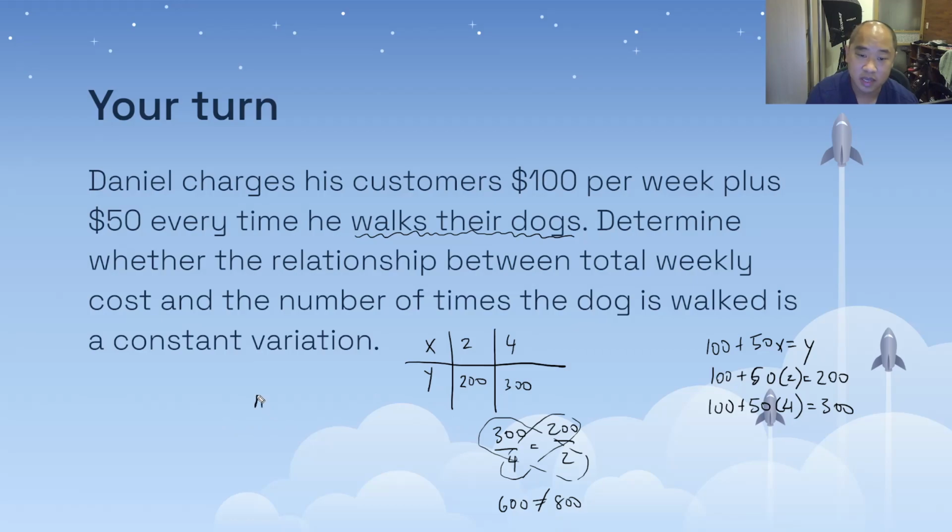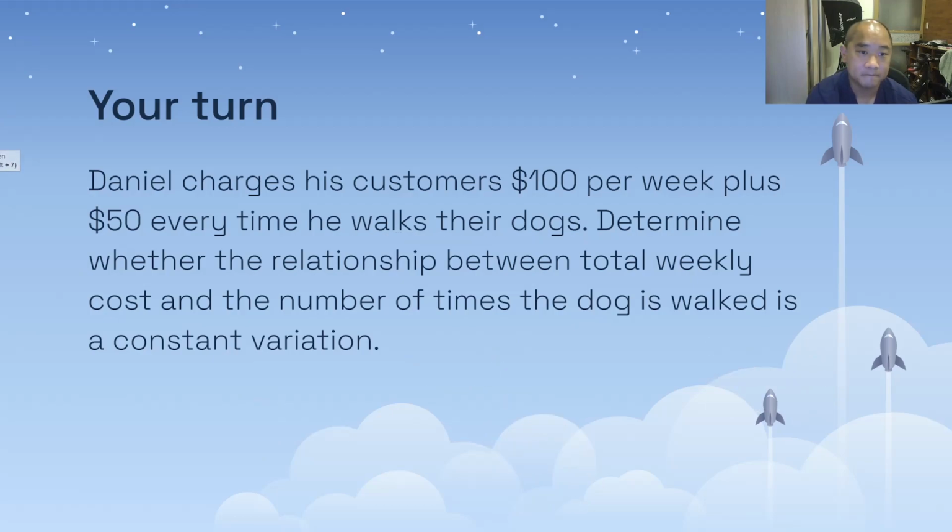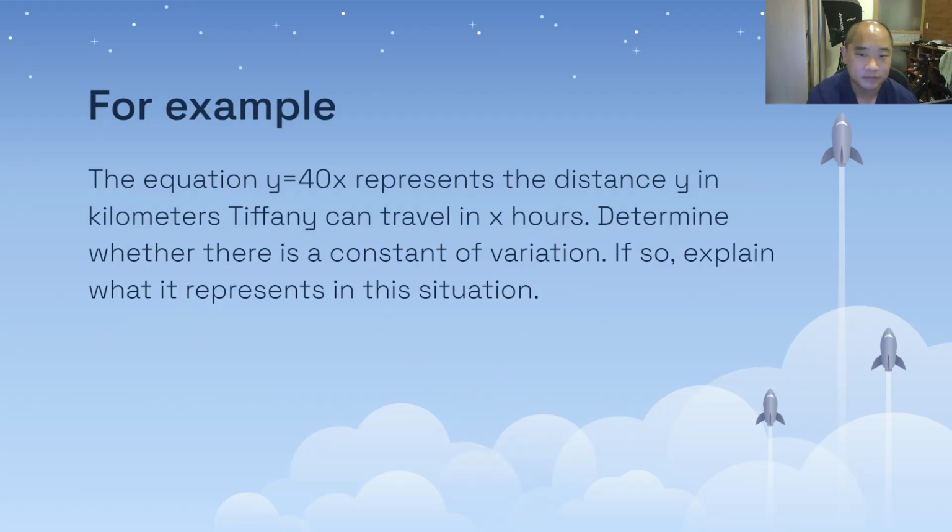So this is not a constant variation. Okay? Okay. Here's another example. Let's say that the equation y equals 40x represents the distance y in kilometers Tiffany can travel in x hours.